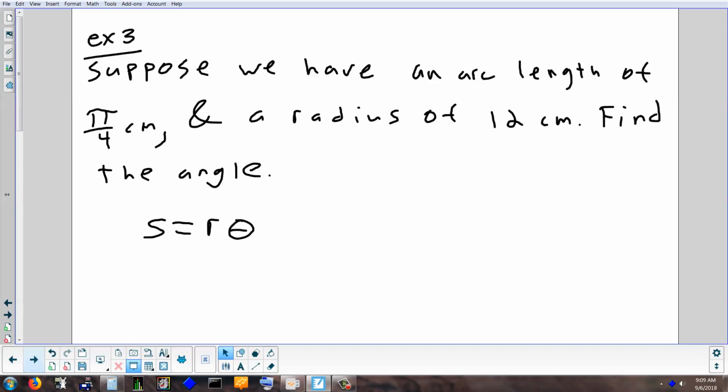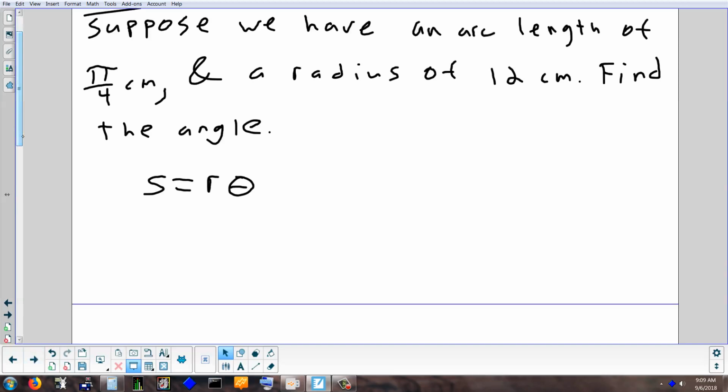All right, so let's start with the pi over 4 centimeters. Justin, what letter is pi over 4 going to get plugged in for? Well, can you tell me, if you read the problem, what is the pi over 4? It's the arc length.